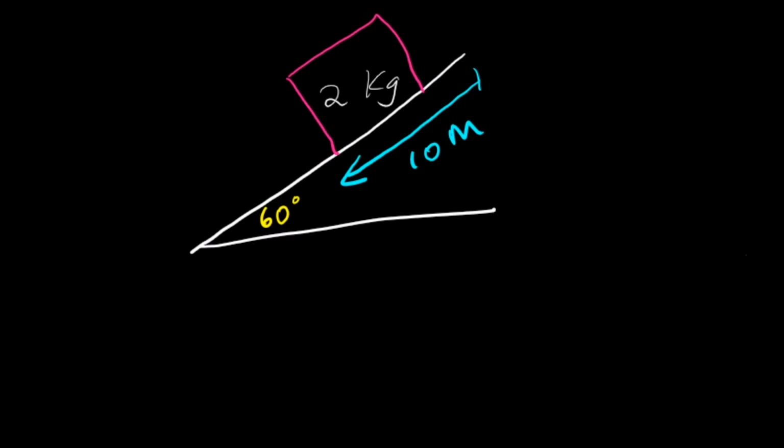Now we check how many forces do work on the object. Normal force doesn't do any work because it's perpendicular to the displacement. Now what we have is the force of gravity, but not just the force of gravity, the horizontal component of the force of gravity. So that is the force which does work on the object.